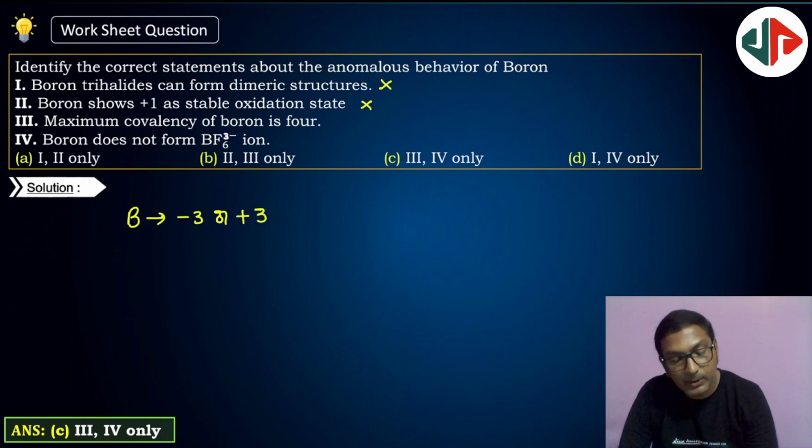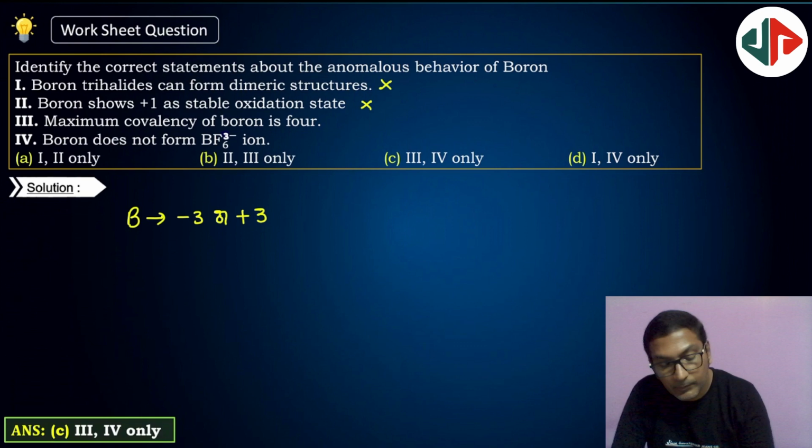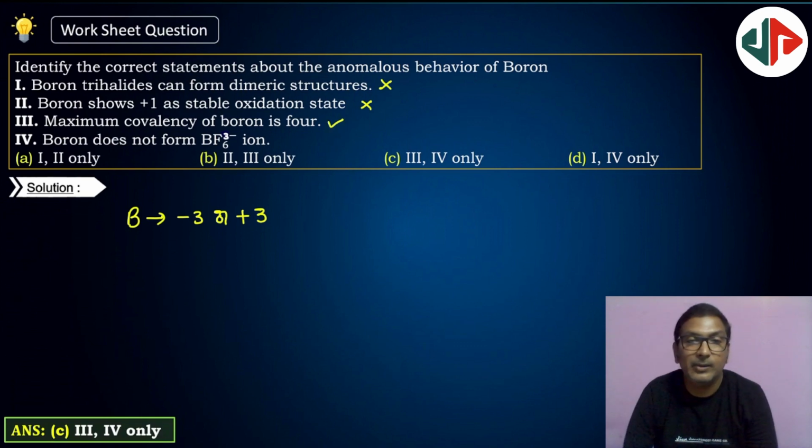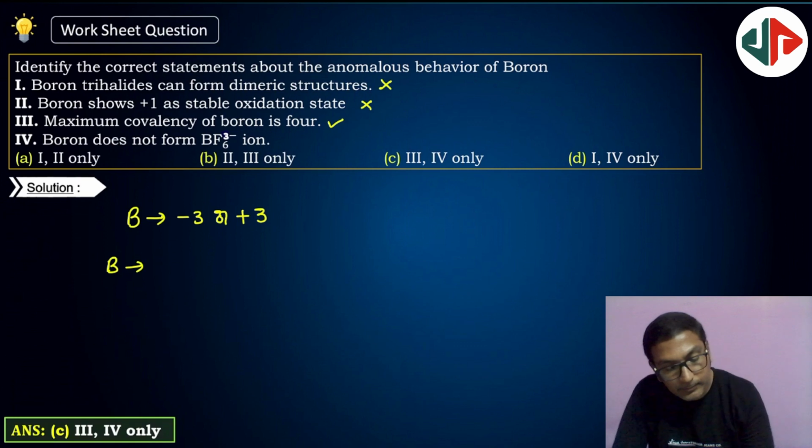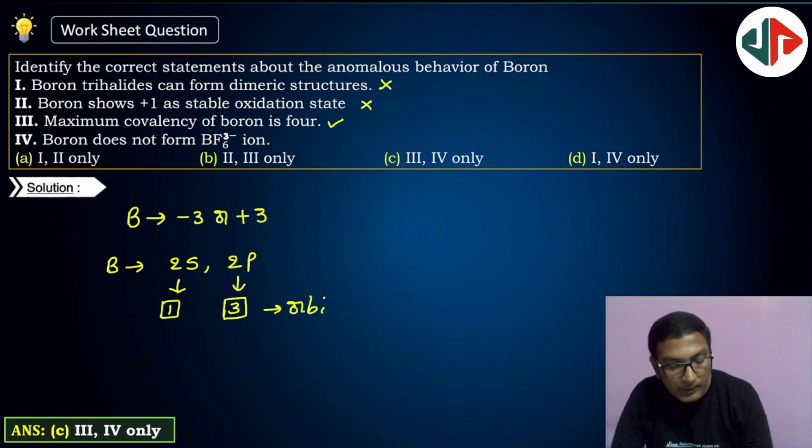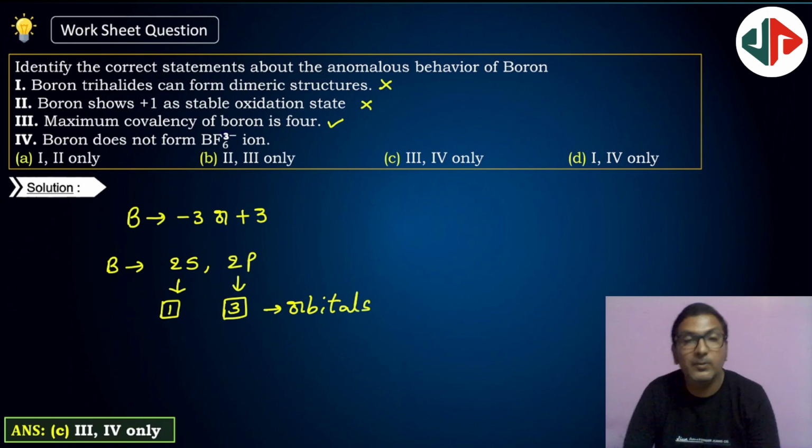Next, 3. Maximum covalency of boron is 4. That is correct. So due to 4 valence orbitals. So boron has 2s and 2p subshell. 2s means 1 orbital, 2p 3 orbitals. So by using 4 orbitals, it can form maximum of 4 bonds. Next, boron does not form BF6 3 minus ion.